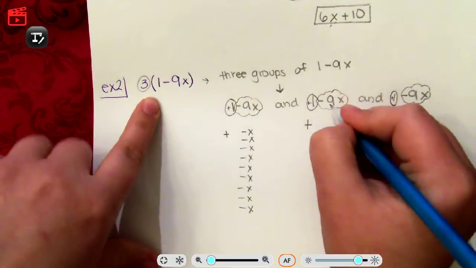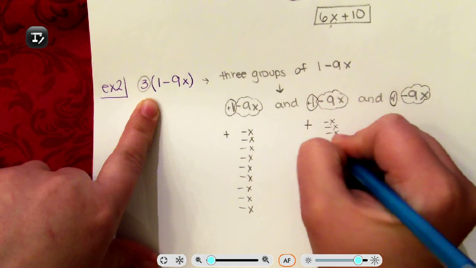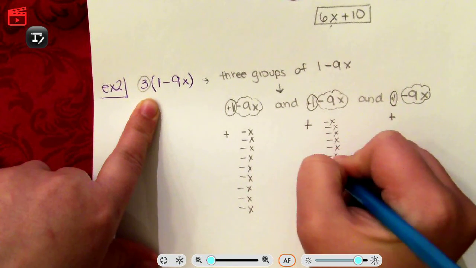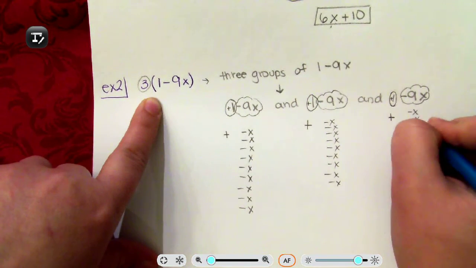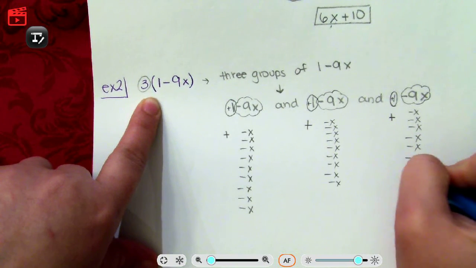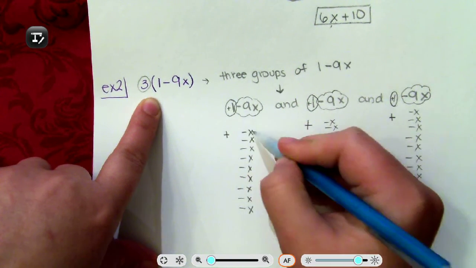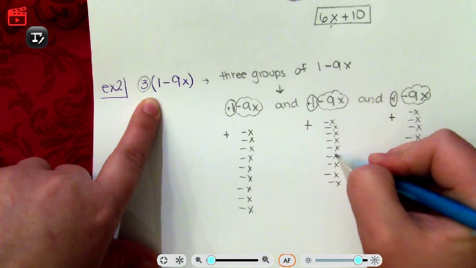And I have 9 x's that are negative as well, and again, and again, 9 each time.